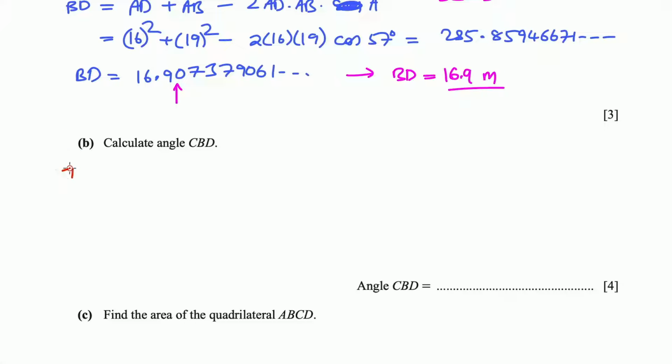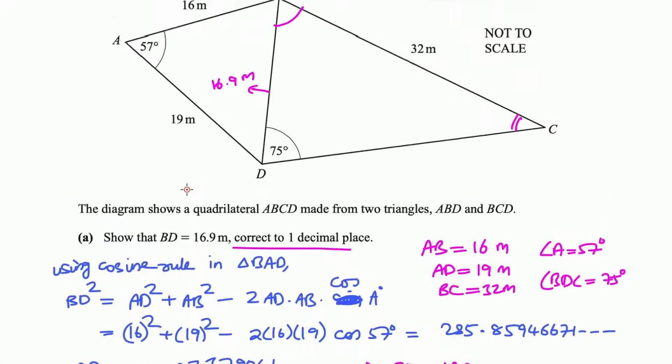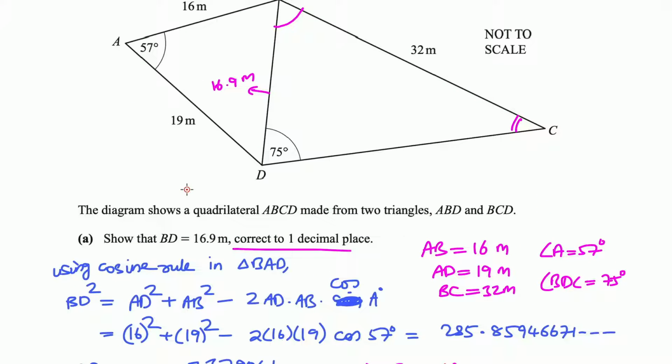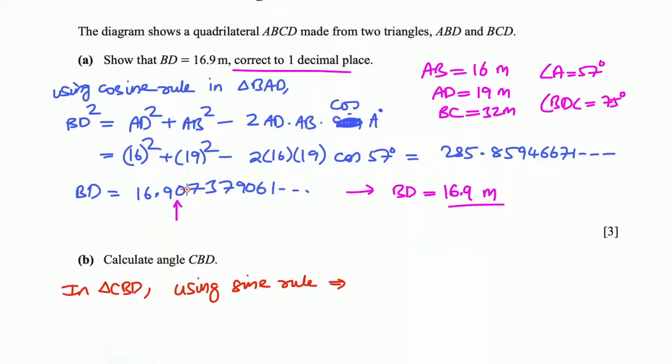In triangle CBD, using sine rule, which are the two angles we will use sine rule on? Angle C and angle D. The opposite sides are BD and BC.